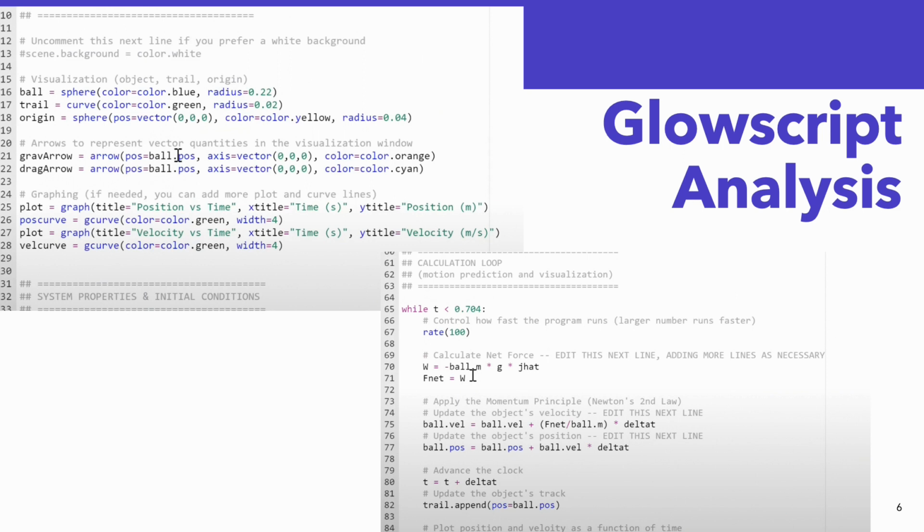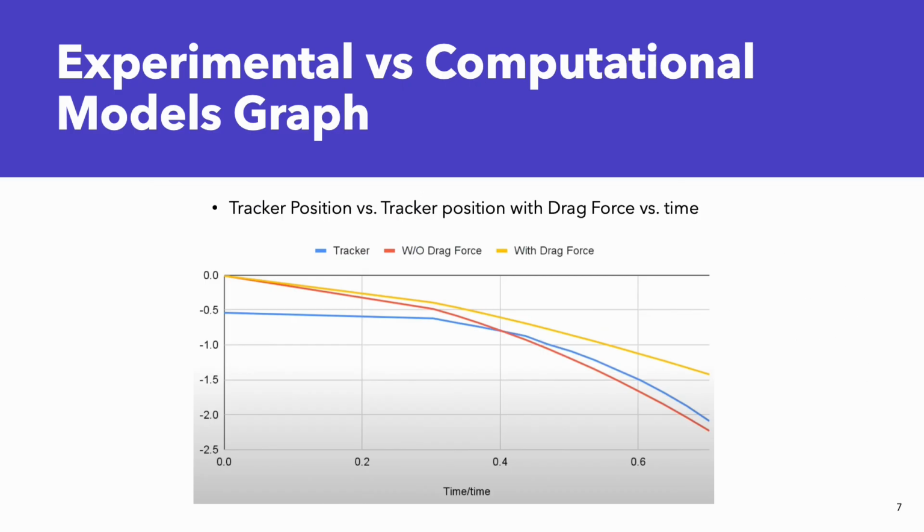And then I set the force, and in this case the only force acting on the object for comparison is the ball's mass times gravity and its direction, which is basically the only force acting against the object. I also stated the velocity formula as well as the position formula, and we're going to compare the results with the Tracker video.